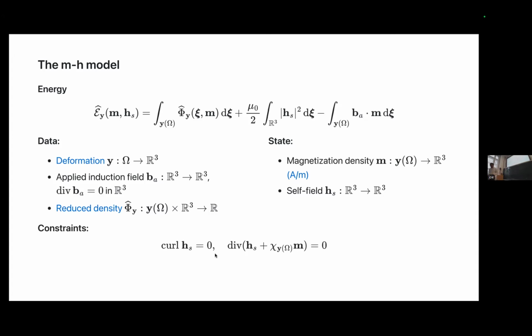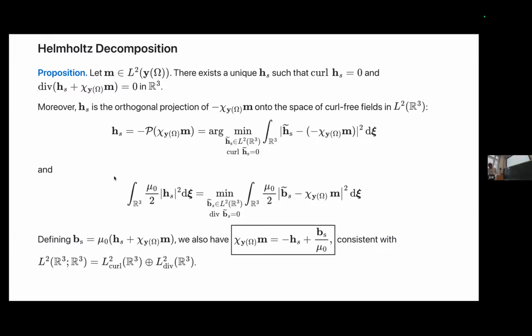Essentially, if you have the magnetization M in L2, it's easy to see that there exists a unique stray field HS, which is curl-free and satisfies this equation. And essentially, from the geometrical point of view, the stray field is the opposite of the projection of the trivial extension of the magnetization into the space of curl-free fields.